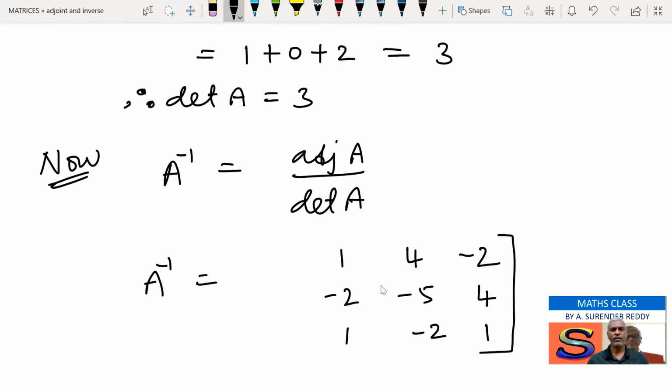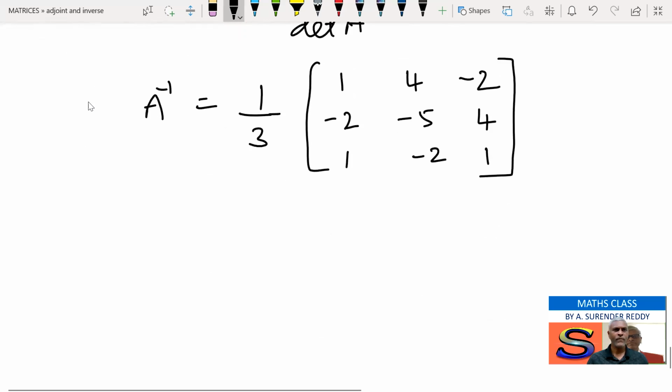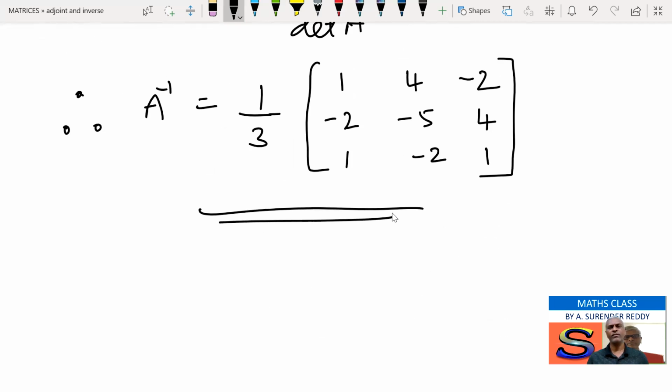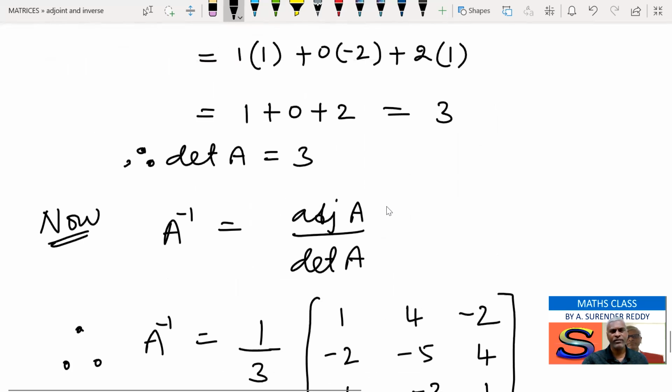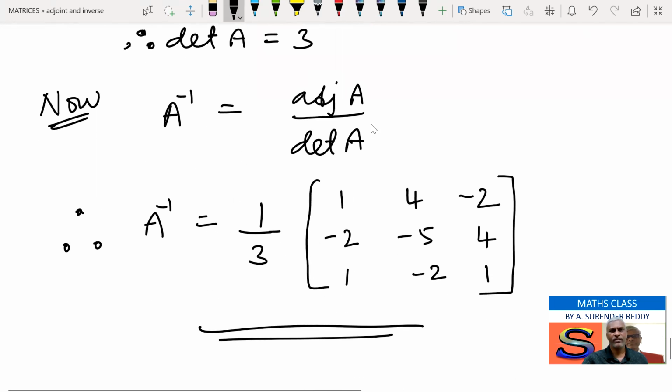So this is adjoint. So determinant is 3. We write it as 1 by 3. So this is the inverse of a 3 by 3 matrix. So to find inverse, we need adjoint and det. First find adjoint and determinant, then you will get inverse of any 3 by 3 matrix.